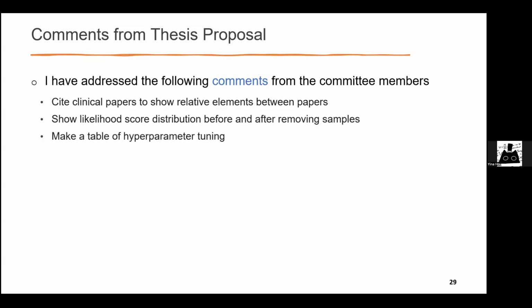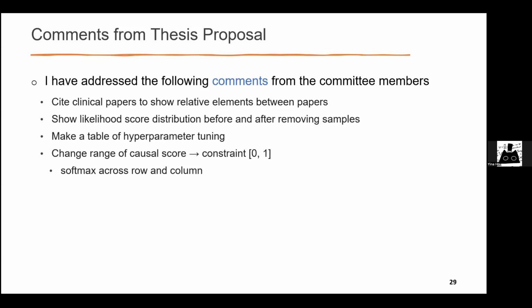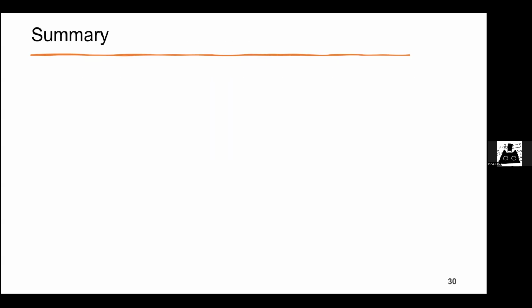Third, we add a table of hyperparameter tuning for the MLP structure, and we also keep the range of absolute causal strength between 0 and 1 using softmax, and this shows in all the DAGs for the male heart failure dataset and the female heart failure dataset. And last, we changed the whole thesis organization to make the two objectives balanced.